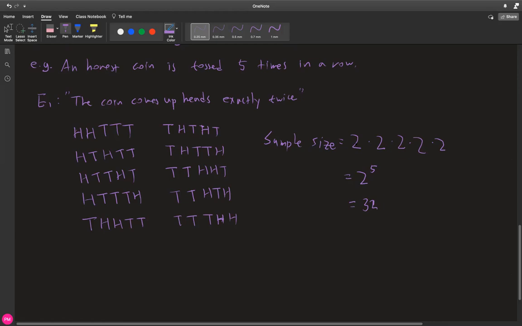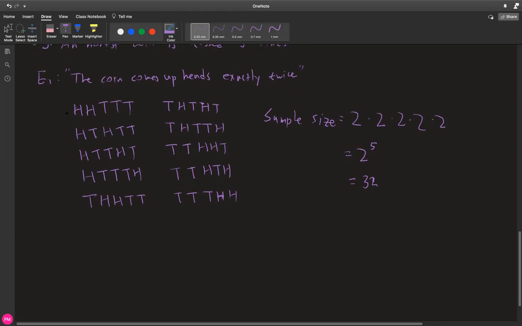If it was, let's say, rolling a die 5 times or rolling 5 dice, you would have 6, because for each roll you have 6 different possibilities. So you have 6 to the power of 5. In this case, for each toss you have 2 different possibilities and you're tossing 5 times. In total, you have 32. And we did go over this before.